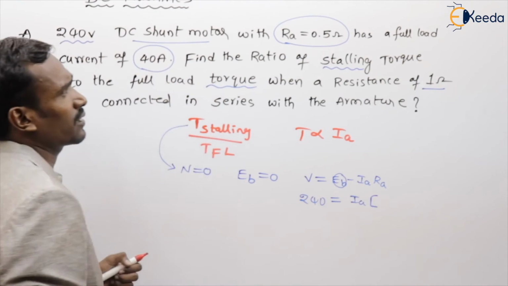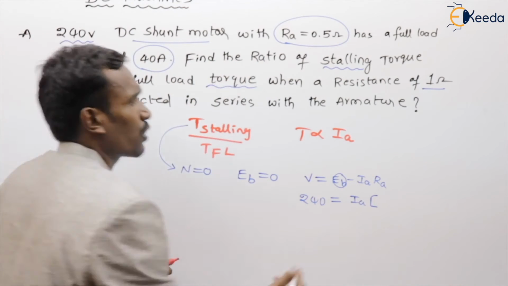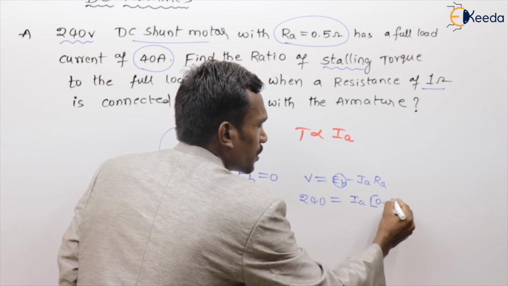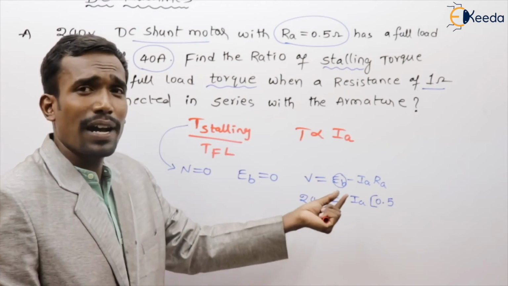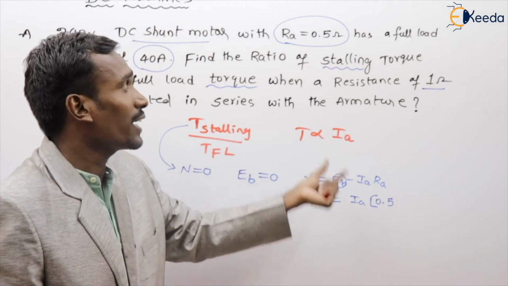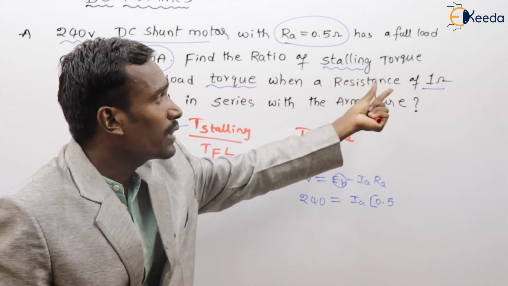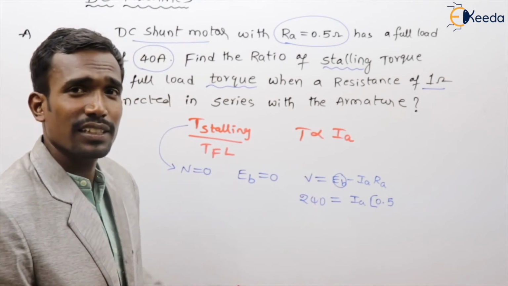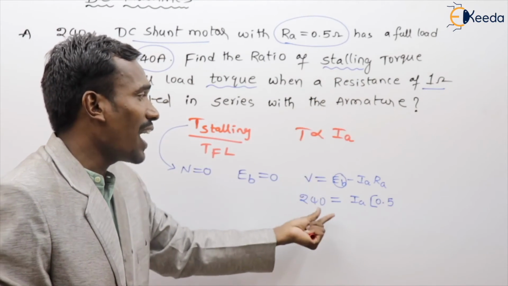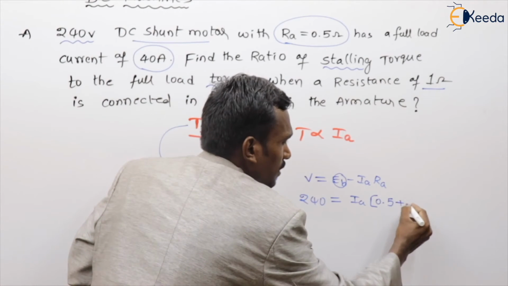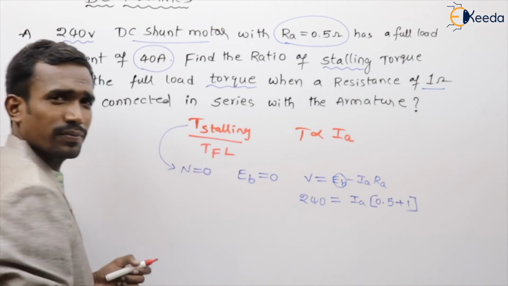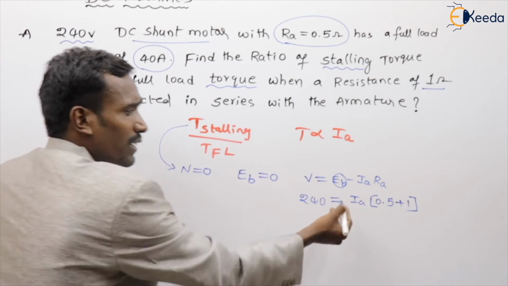What is the value of RA? RA they given 0.5, and actually here a 1 ohm resistance is added in series to the armature, right? So plus 1. Now find out IA.